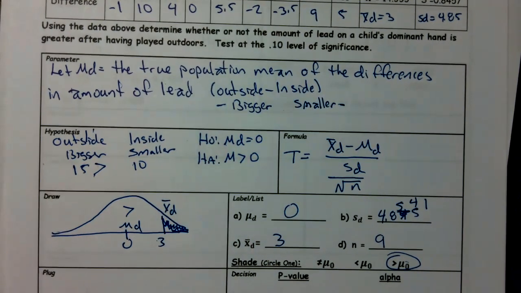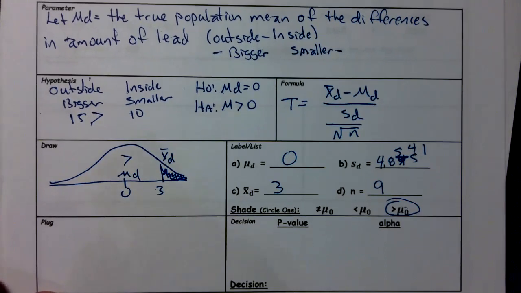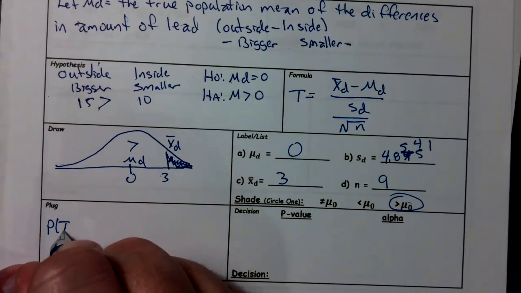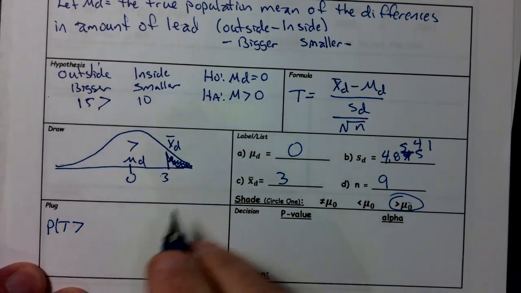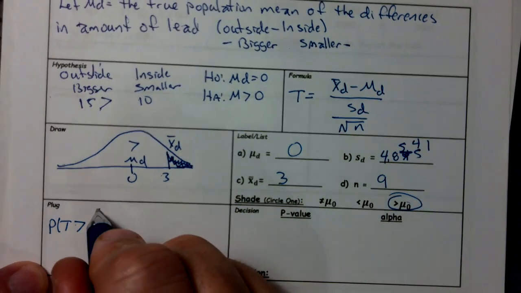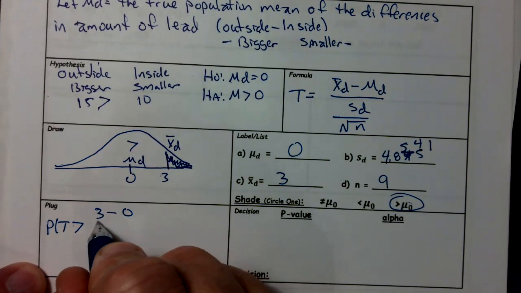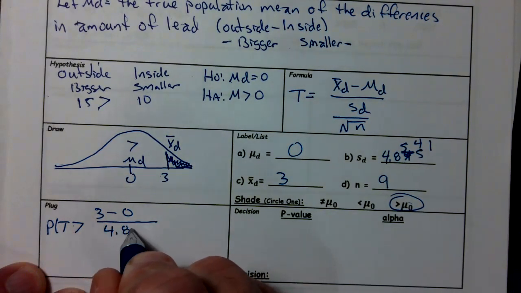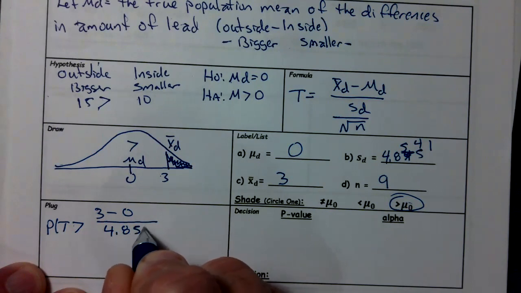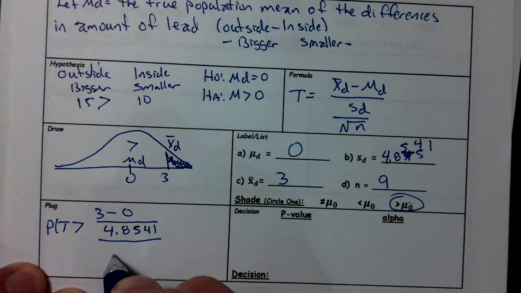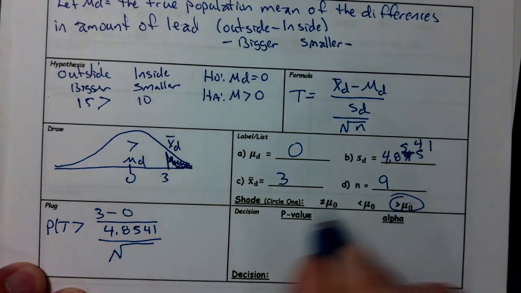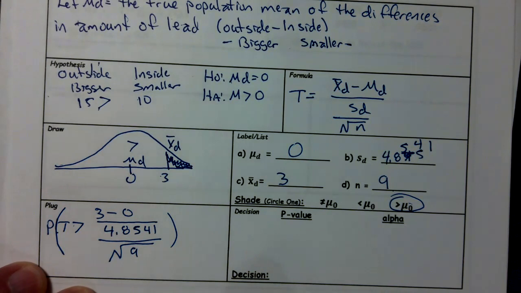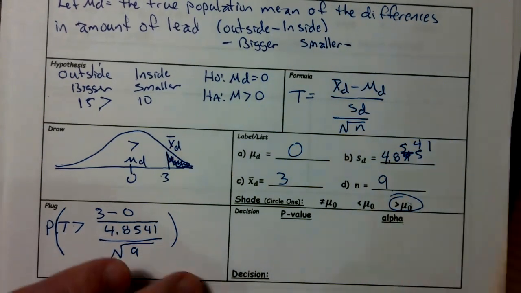And there's our picture. All right, so we need to plug in, and we're going to be looking at the probability that t is greater than 3 minus 0 over 4.8541 divided by the square root of 9. All right, so let's go ahead and run that.